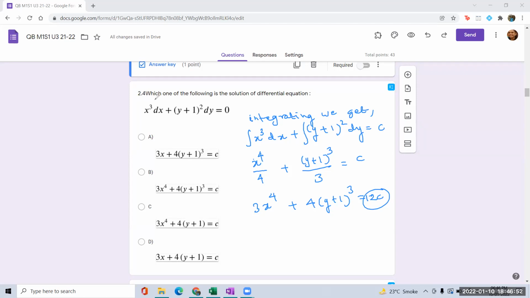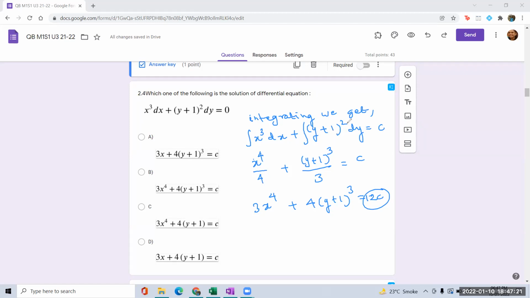Whereas if you see the next question, which one of the following is the solution of the differential equation? Here the differential equation is given in a way that the variables are separated. That means with dx you have a term of x, and with dy you have a term of y. So to find the solution, the easiest way is to just integrate. The integral of x cube is x raised to 4 by 4.